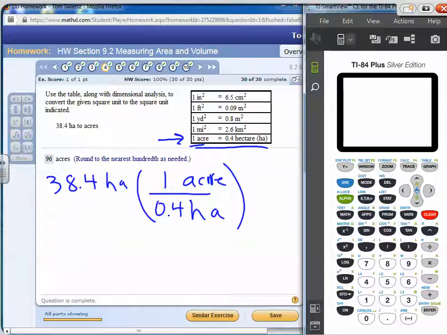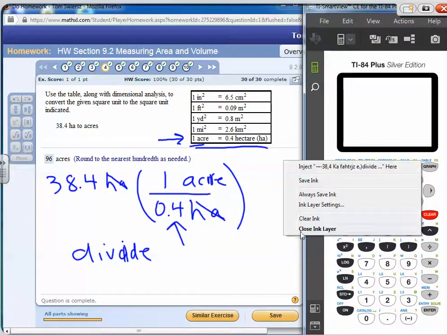Okay, the hectares will cancel, and then it's 38.4. The 0.4 is in the denominator, so that tells us that we're going to divide, the 38.4 divided by 0.4, and then the units will come out to acres.